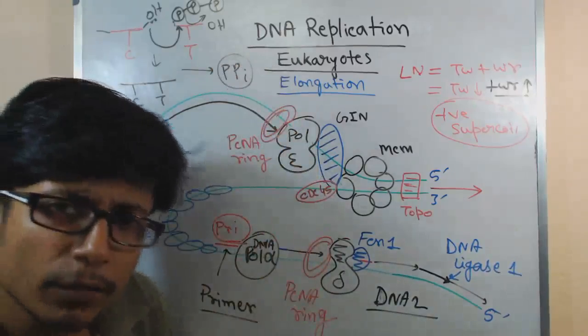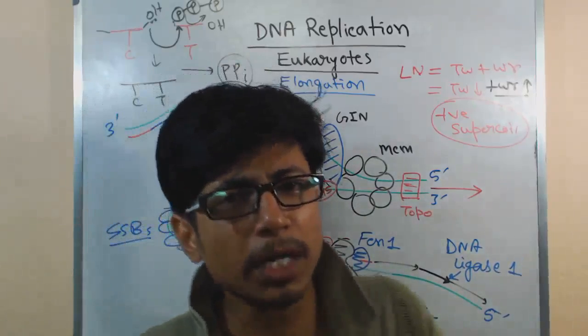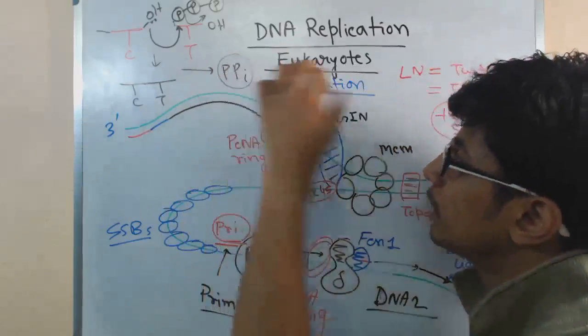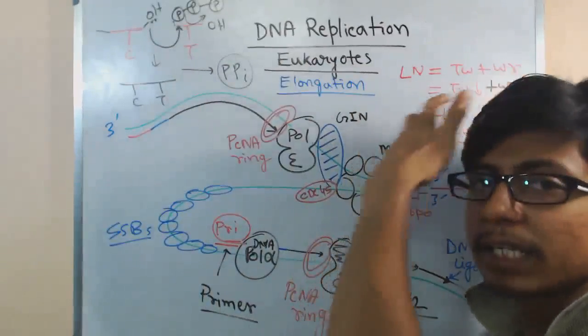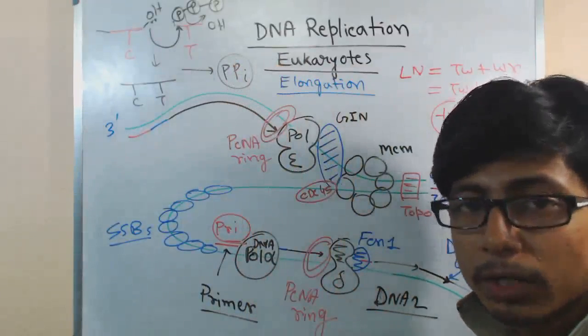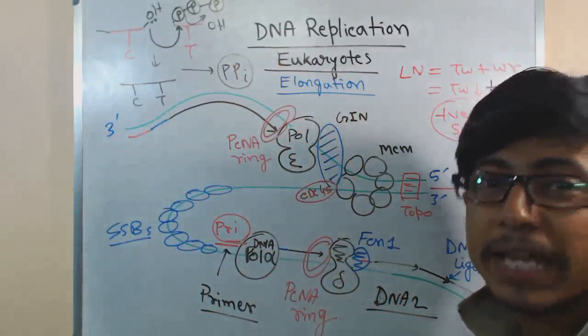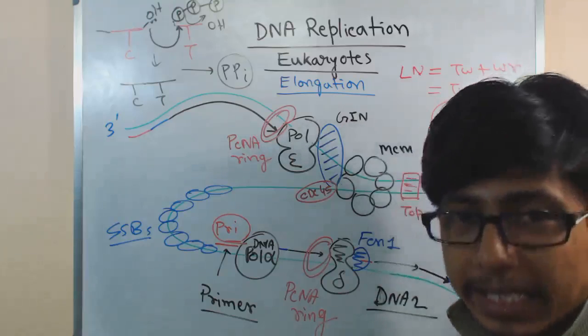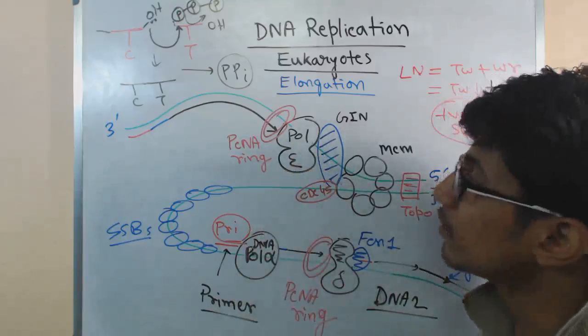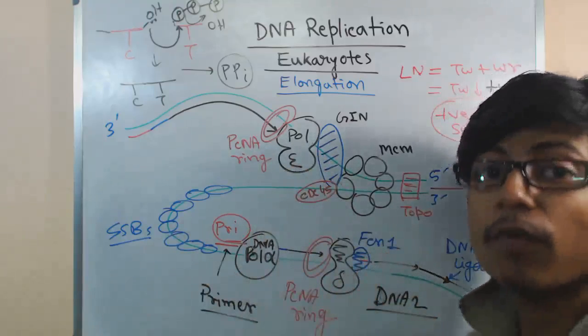Now, any molecule with multiple phosphate bonds is energetic. So this pyrophosphate is energetic, and it can be hydrolyzed, broken down into inorganic phosphates to get some energy. The energy we get by hydrolyzing the pyrophosphate into inorganic phosphates drives this reaction forward.